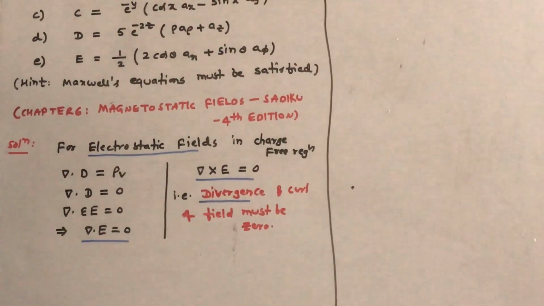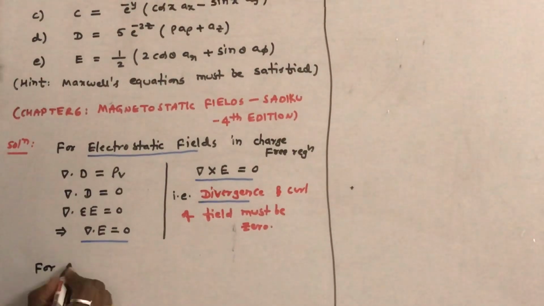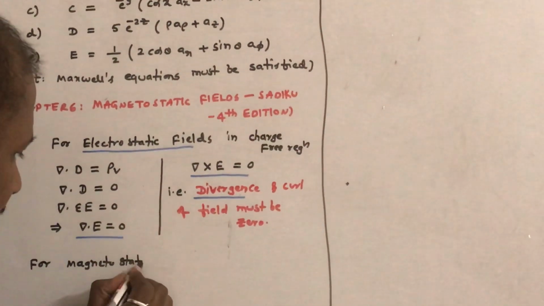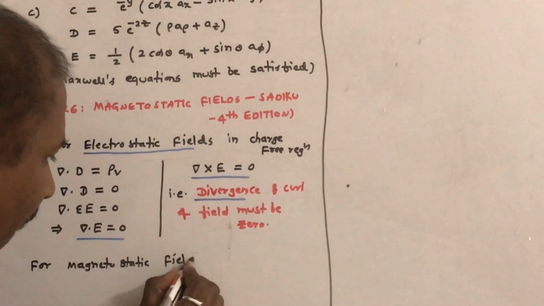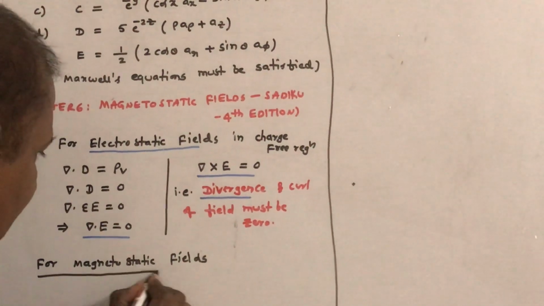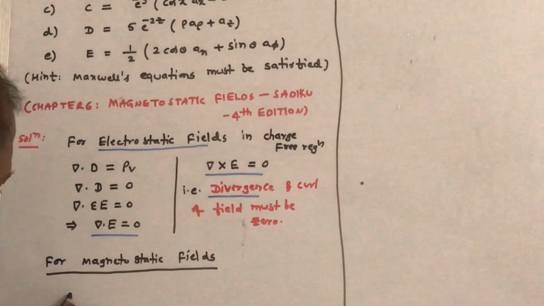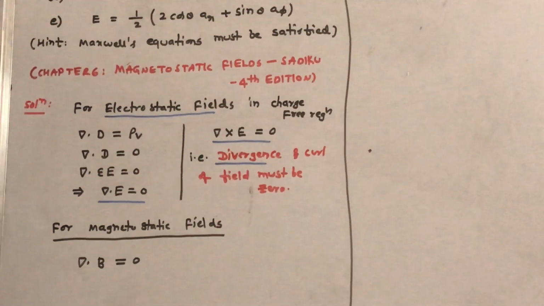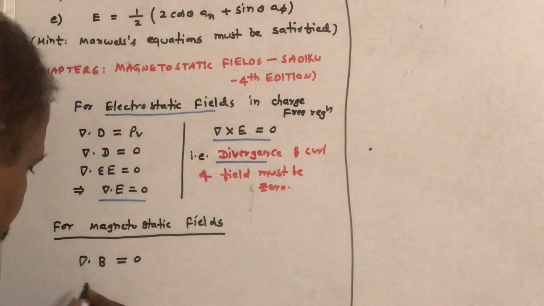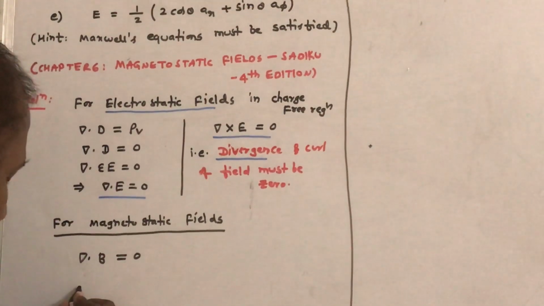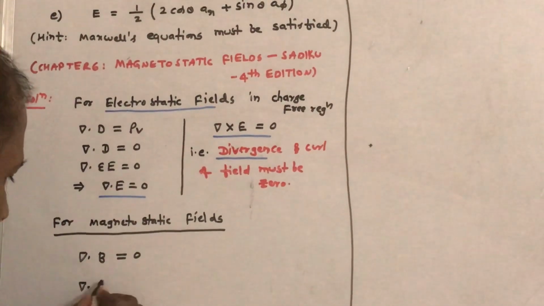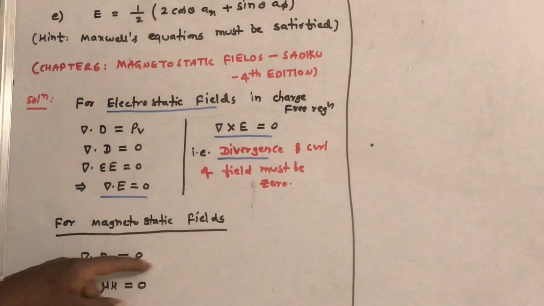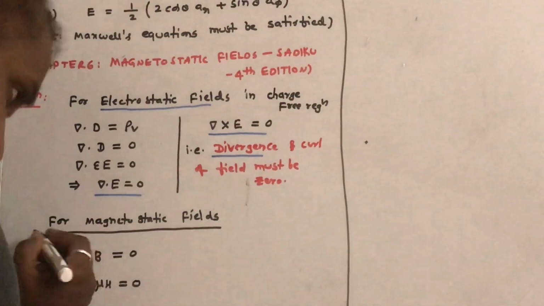Similarly, let us check for magnetostatic fields. Let us write again the Maxwell's equations. Del dot B is equal to 0, from which we can write del dot mu H is equal to 0, because the magnetic flux crossing a closed surface is 0 in a magnetostatic field.